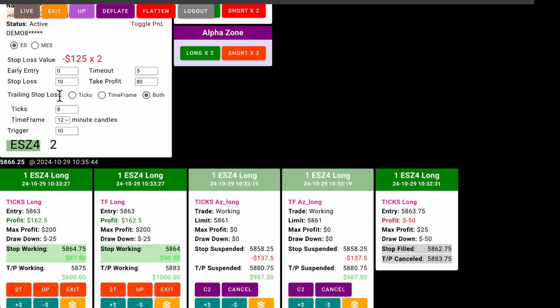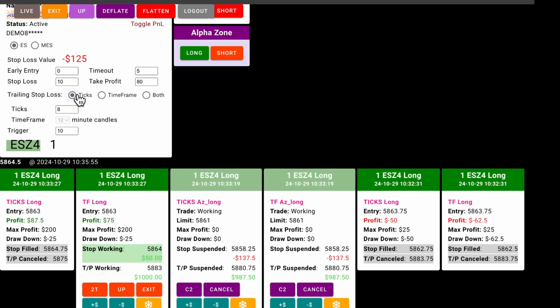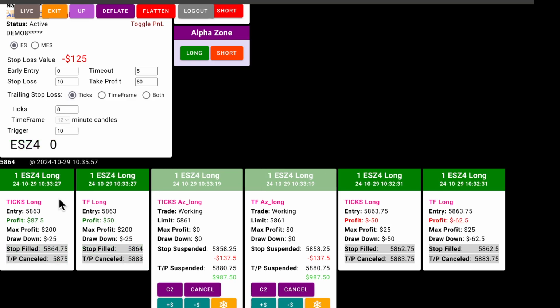And then there are two types of stop loss management that we have today. The ticks is basically the more aggressive one in locking in profits. The way it does that is when you have a big move that pulls back, it's going to lock that in.